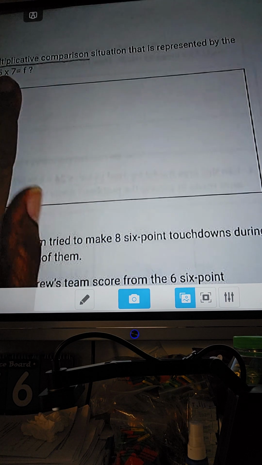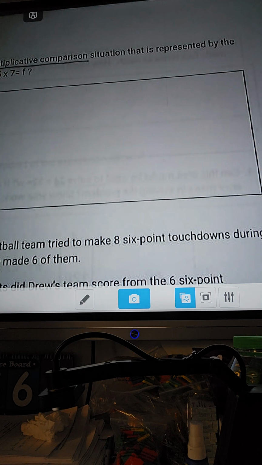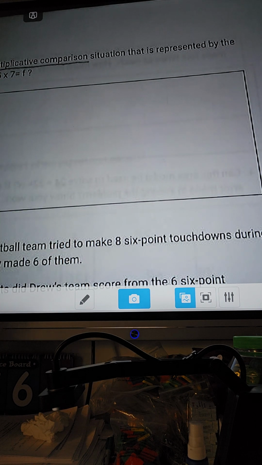All right, multiplicative comparison. What words are normally in a multiplicative comparison question? Oh my goodness. What words do we find in a multiplicative comparison? I did not ask you what word can you find in the word multiplicative comparison. That's not the question.